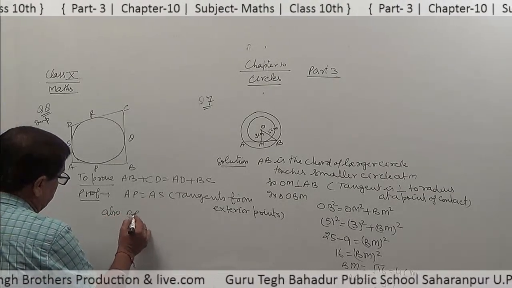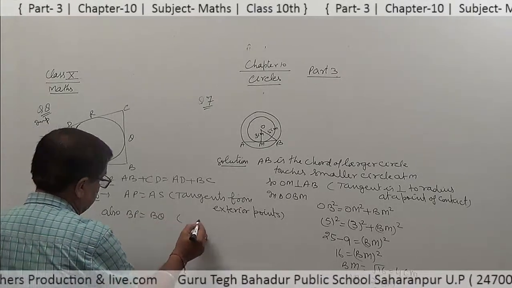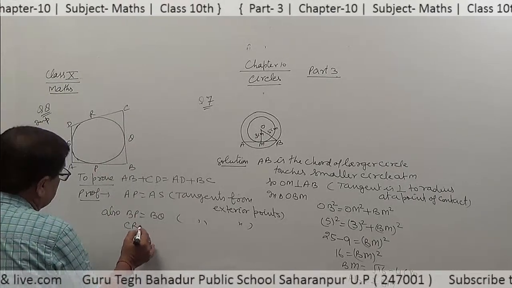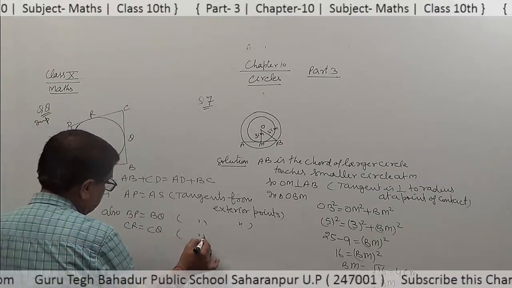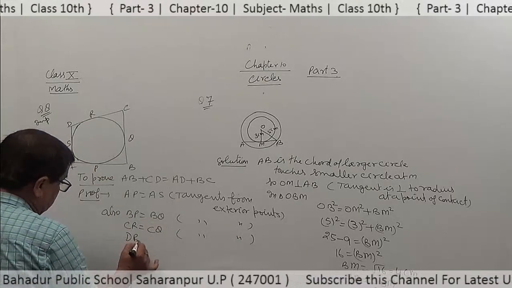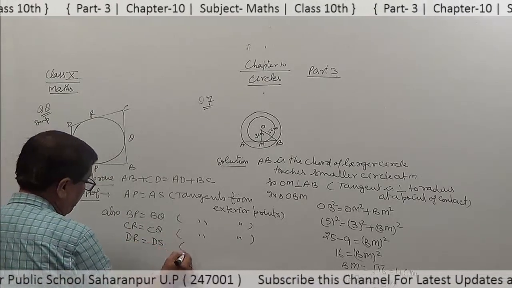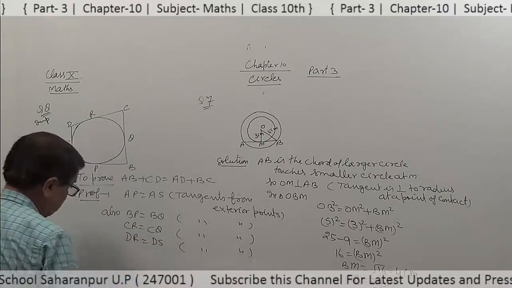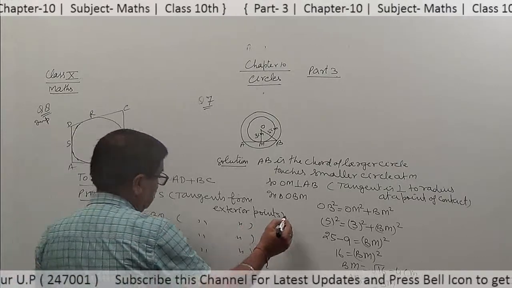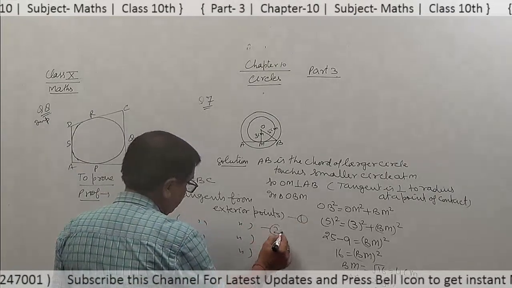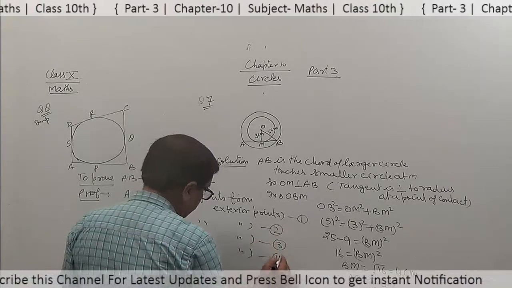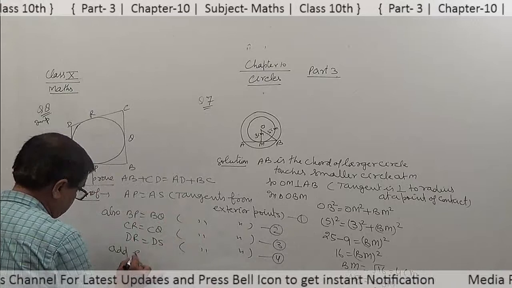Also BP is equal to BQ for the same reason. CR is equal to CQ for the same reason. DR is equal to DS for the same reason. Add these equations, equations 1, 2, 3 and 4.